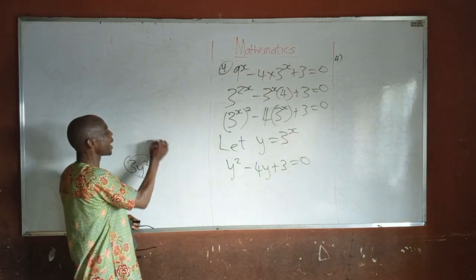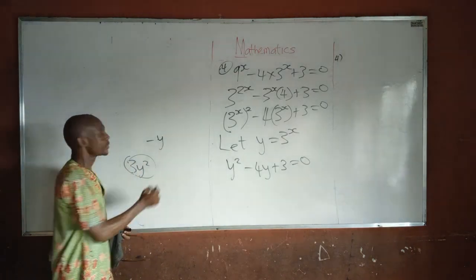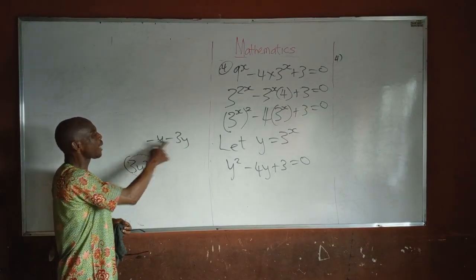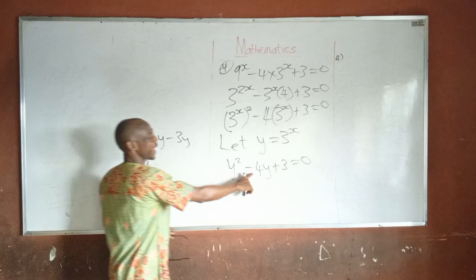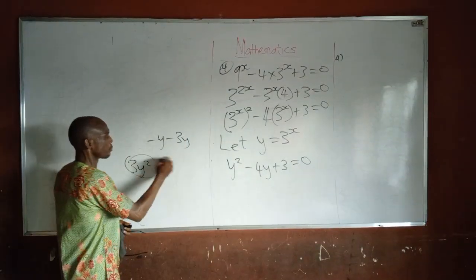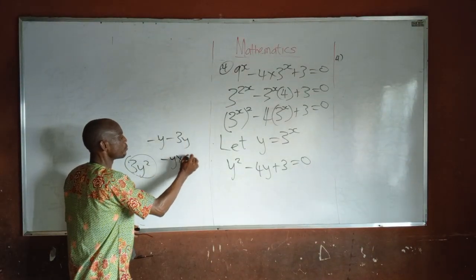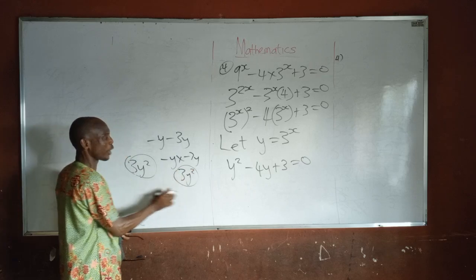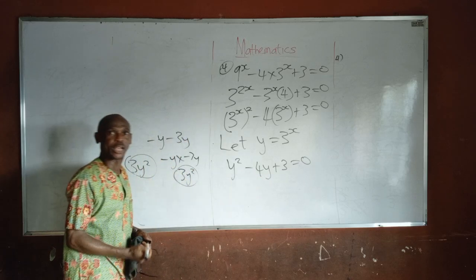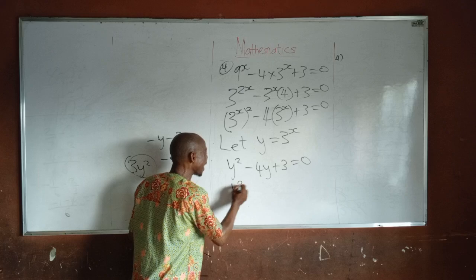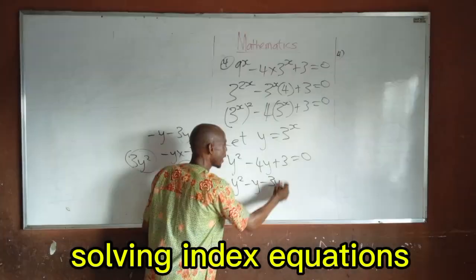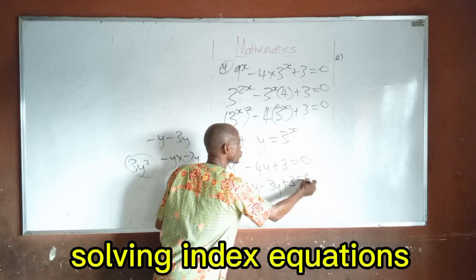That value will be minus y and minus 3y. Minus y minus 3y will give us minus 4y, but minus y times minus 3y will give us 3y squared. So we are going to use it now to replace this value here. So we now have y squared minus y minus 3y plus 3 is equal to what?